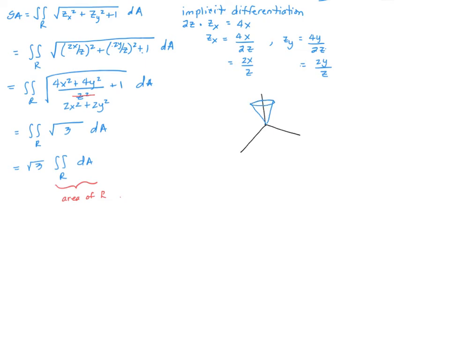So this is my Z, and then we have X and Y. Remember what we do, we're looking at the shadow. And the shadow in the XY plane is going to be this circle. So this is my region R. It's a circle.